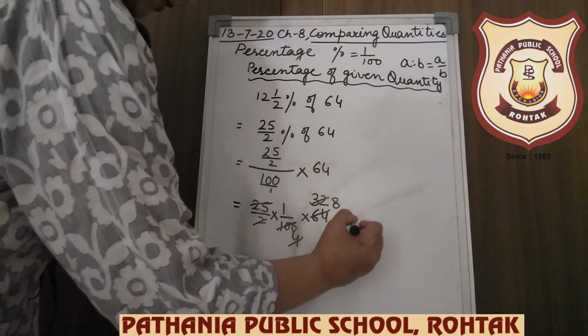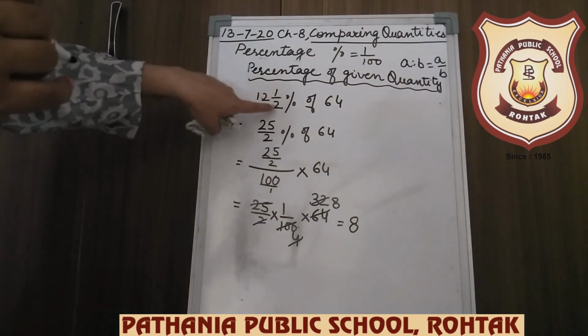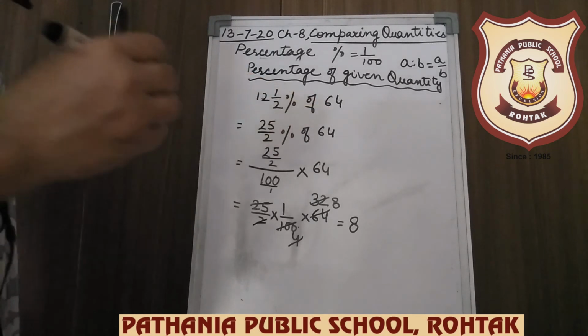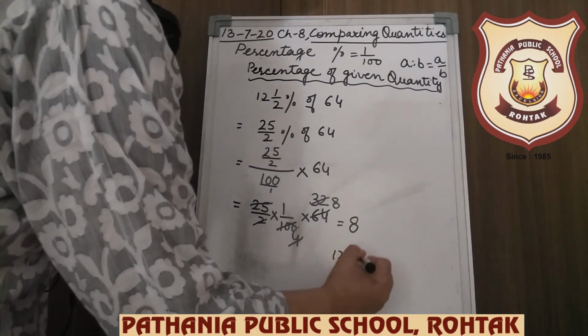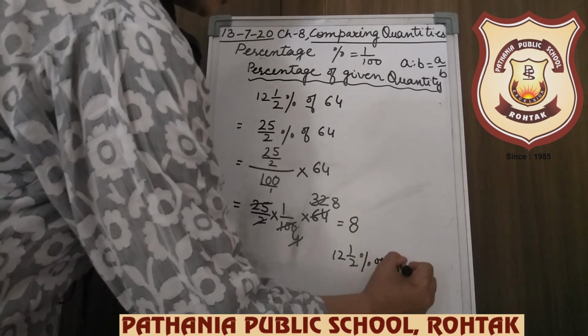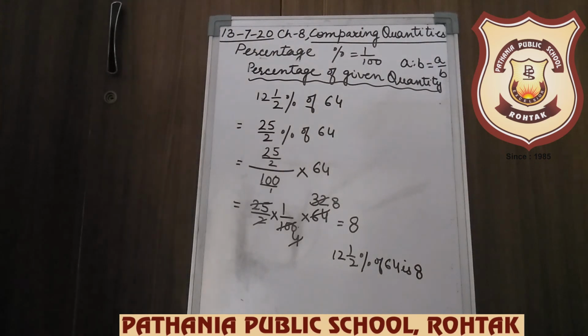So my answer is 8. So 12 1/2 or 12.5% of 64 is 8. Is this clear to everyone?